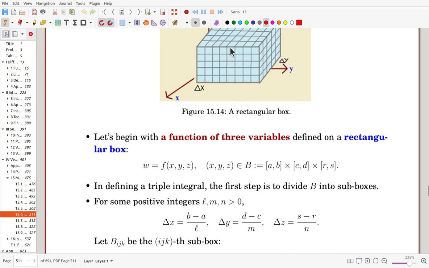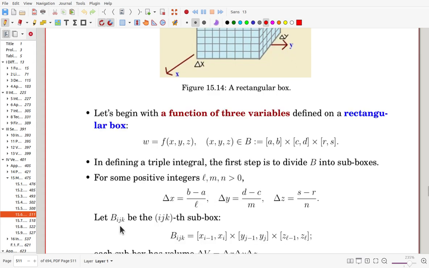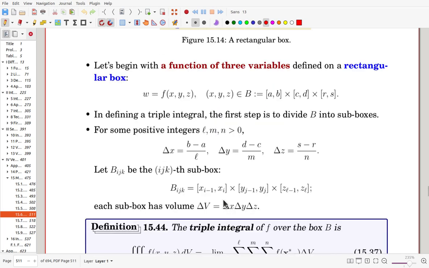Each of these sub-boxes is called B_ijk. So B_ijk is the ijk-th sub-box, and it can be expressed in this way. Of course, the volume of the sub-box will be delta V, which is delta x, delta y, delta z multiplication.